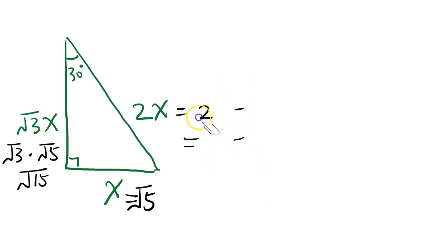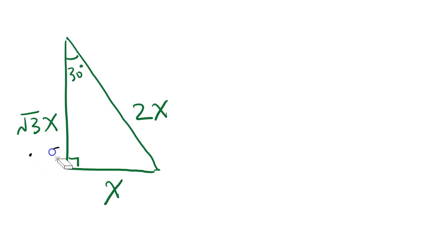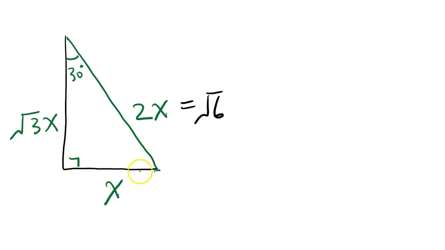Sometimes it's a little bit trickier where we're given not the side where the unit is just 1. Sometimes we're given, say, the hypotenuse is square root of 6. Notice that the opposite side is exactly half of the hypotenuse.